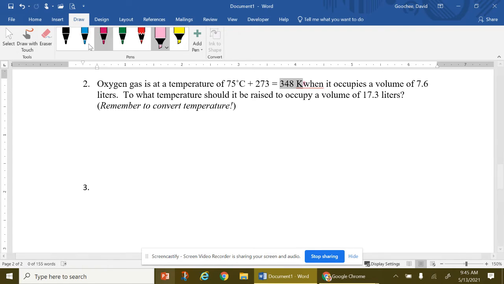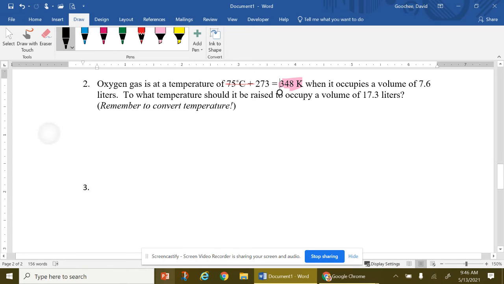Okay, this is what matters: 348 Kelvin. When it occupies a volume of 7.6 liters, to what temperature should it be raised to occupy a volume of 17.3 liters?